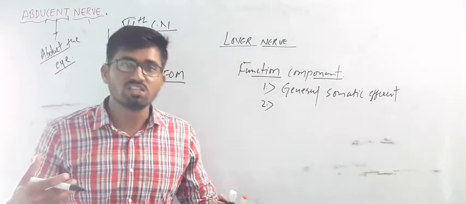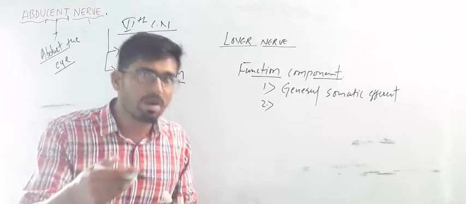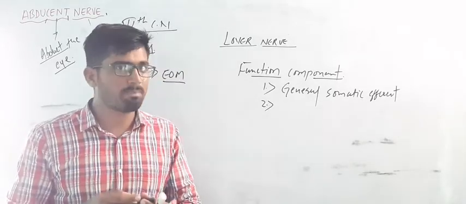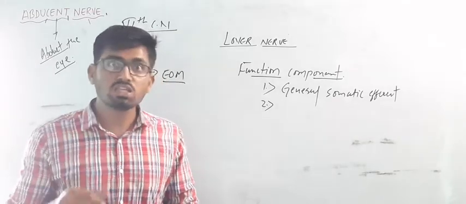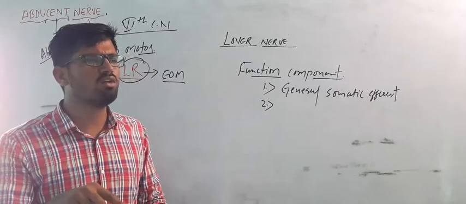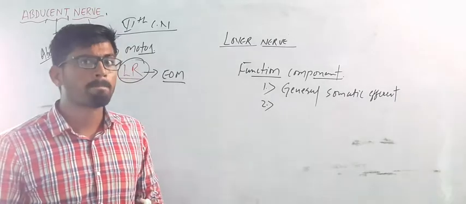Now tell me the second. From all over the body, general sensation, proprioceptive sensation, touch sensation and pain sensation are carried by the spinothalamic tract, except for the head and neck. So which is the principal nerve of the head and neck? The trigeminal nerve, the fifth nerve. What kind of fiber does it have? General somatic afferent.